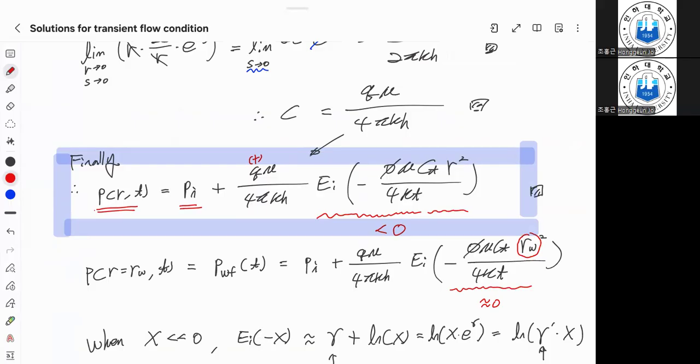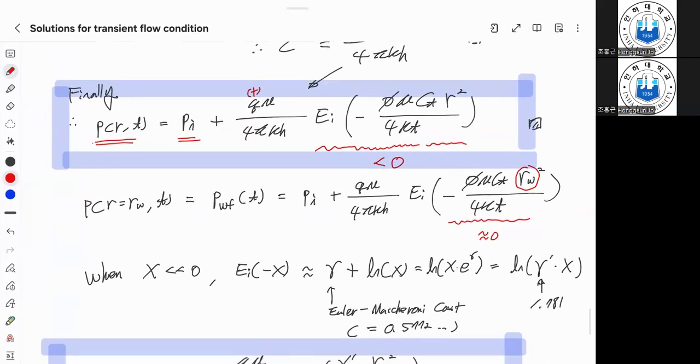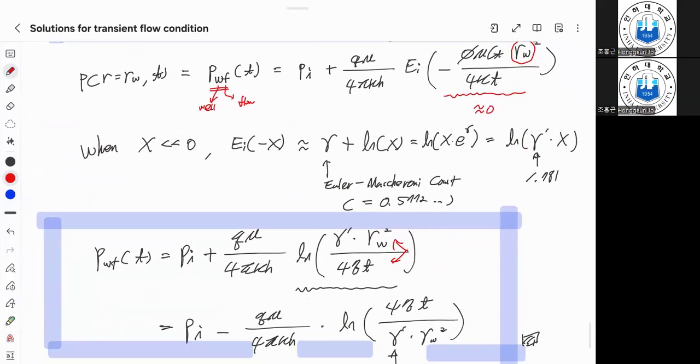Then we specifically want to know the pressure at the wellbore location, because when we do well testing, we can only measure the pressure in the wellbore, not anywhere else. We call it pwf, where wf means wellbore flowing, when the fluid is flowing to the well.